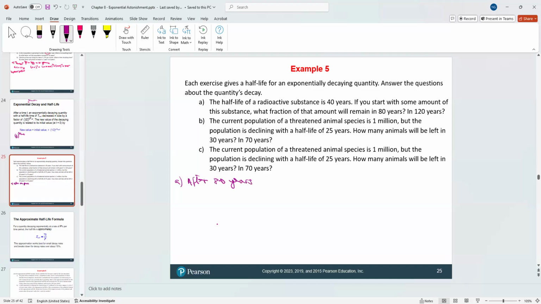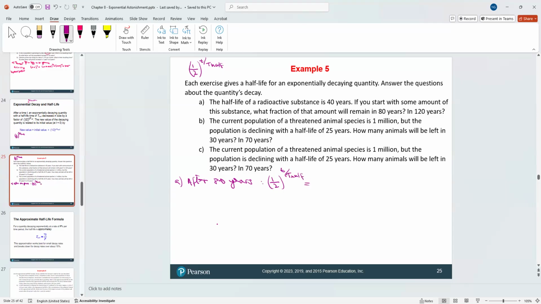Remember, we need to verify what 80 years represents from the previous formula. Remember, it's T. We said the factor is 1/2 power T over T half, remember capital T at the bottom.